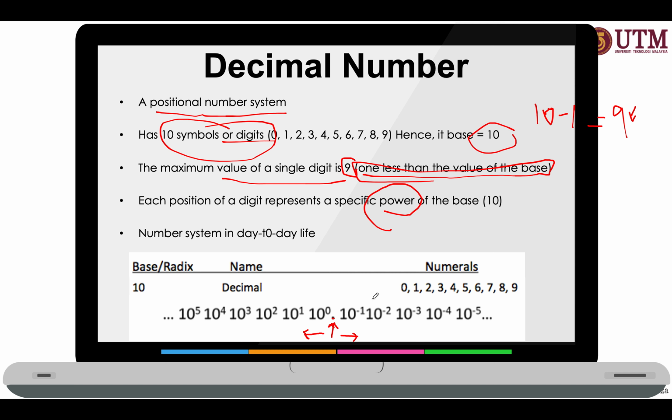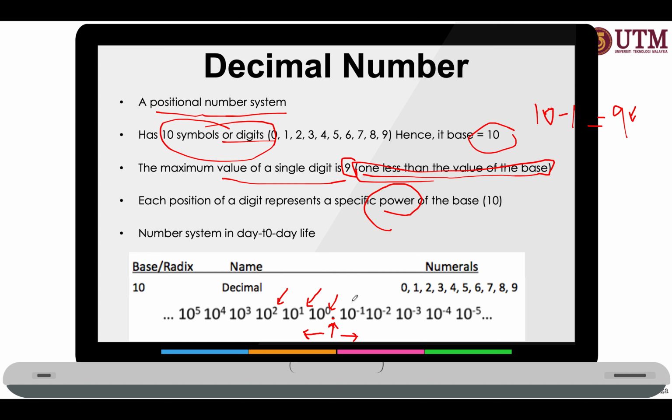For the left, first we have 10 to the power of 0, 10 to the power of 1, 10 to the power of 2, 3 and so on.